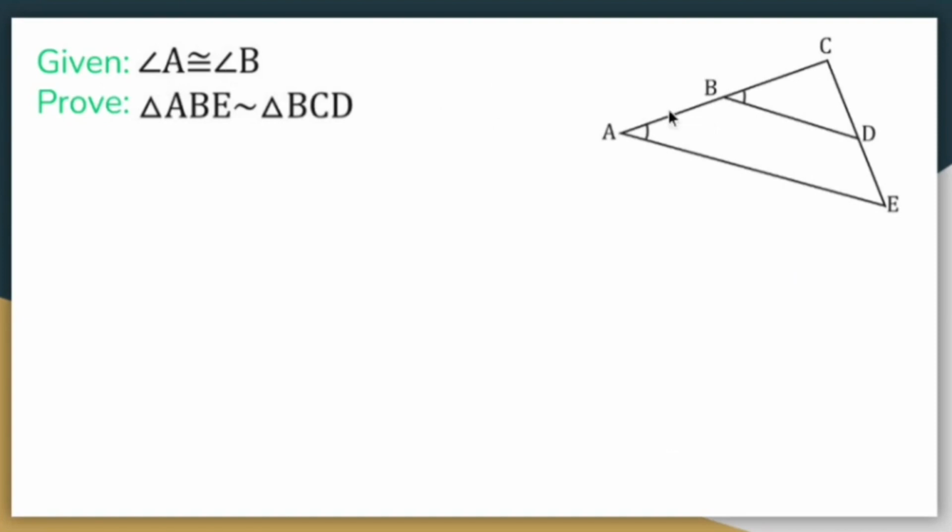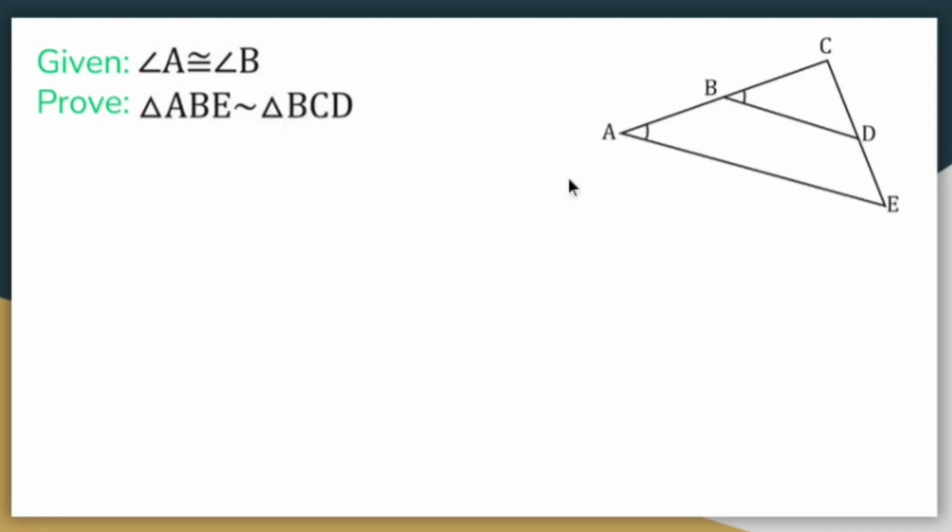Given angle A is congruent to angle B, they correspond maybe. I need to prove that ABE, this whole thing, is similar to BCD.